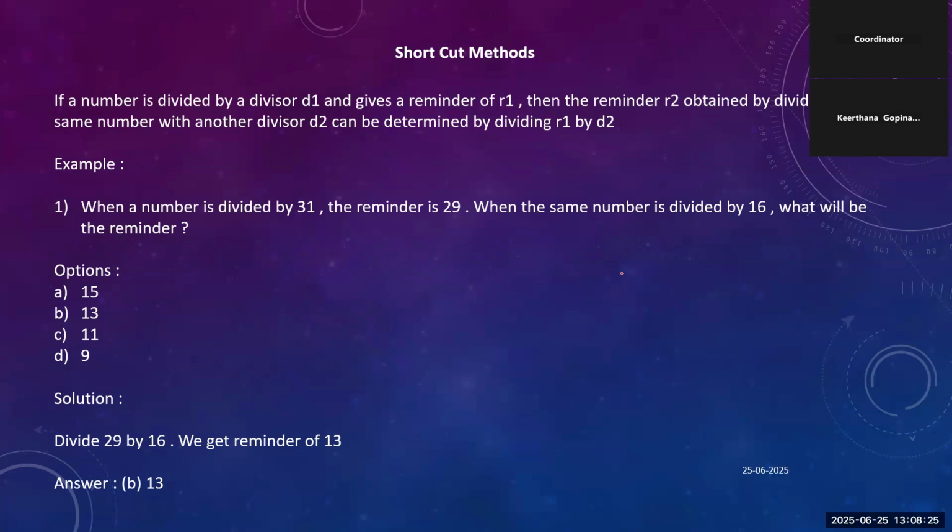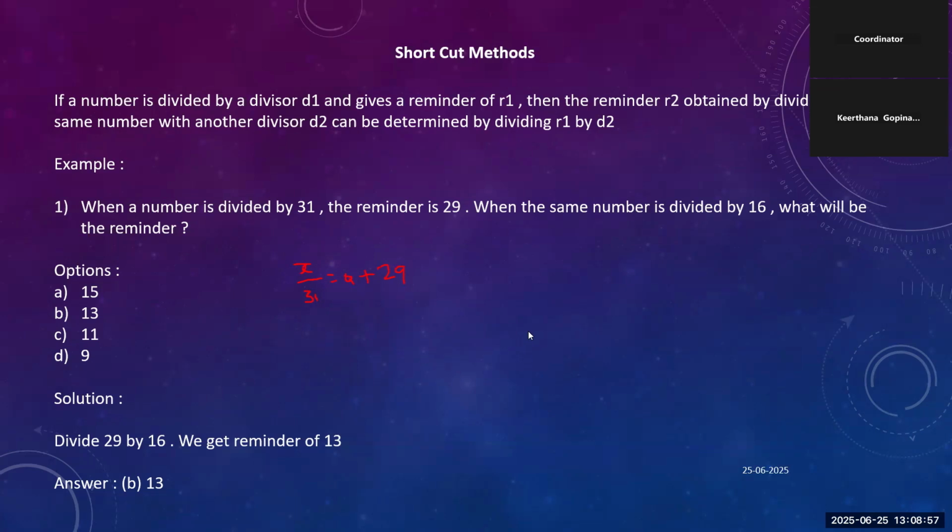When a number is divided by 31, the remainder is 29. Let's assume the number is x. So x divided by 31 gives you q1 plus 29.